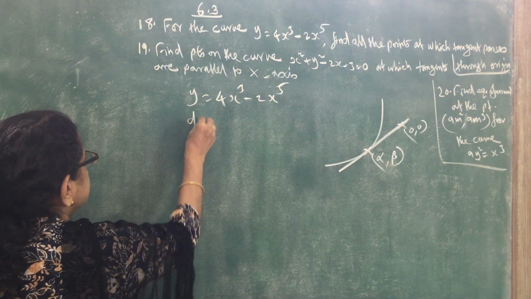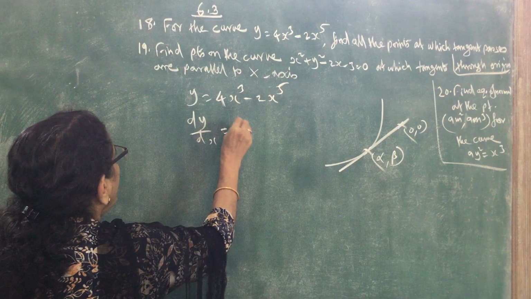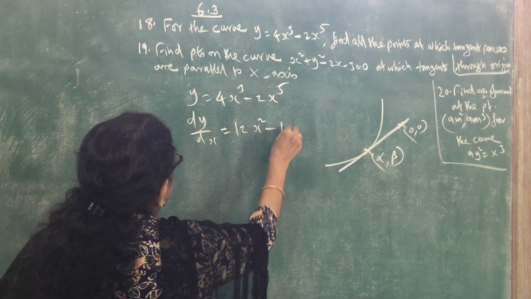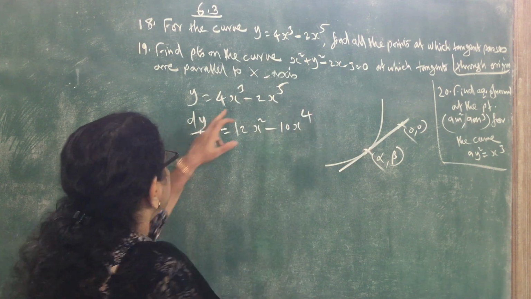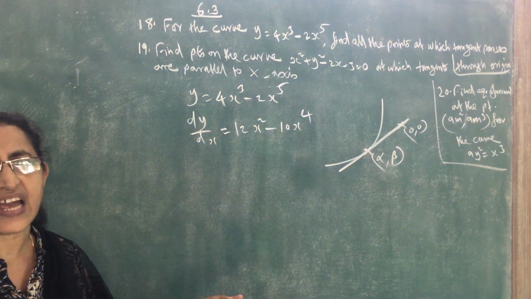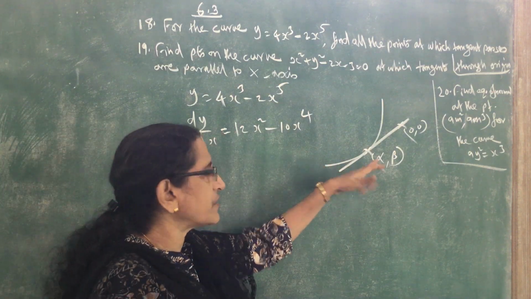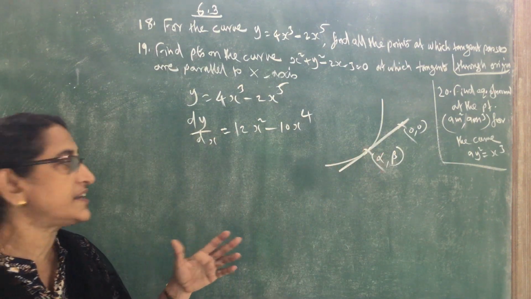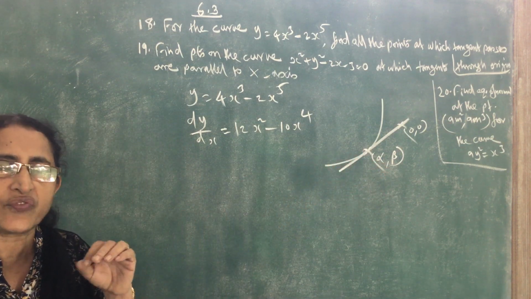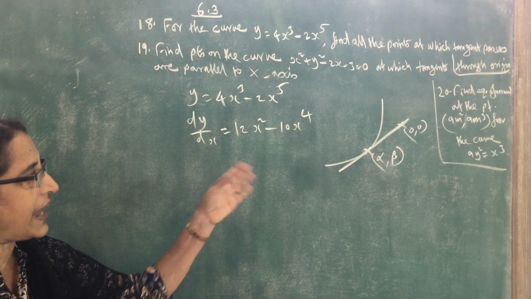So dy by dx equal to 12x square minus 10x raised to 4. So this is the slope of the tangent. Now we are finding the equation of the tangent at the point alpha comma beta. The point is not given, so in the place of the point we will substitute alpha and beta.